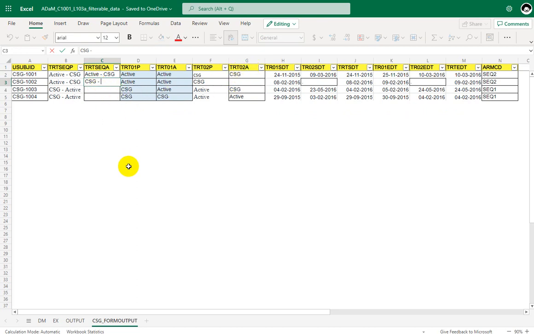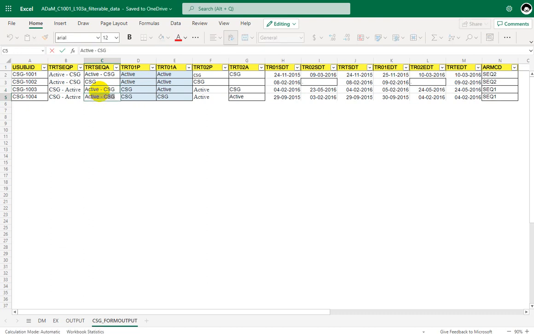So the additional note said that we should not have a hyphen when the subject did not take second period. So we will have to remove that hyphen. And then for the subject 1003, TRT01A is active, and then followed by the value in TRT02A, which is CSG.